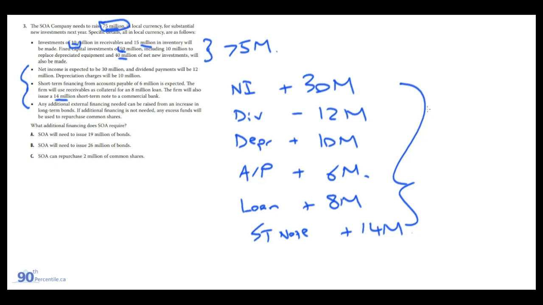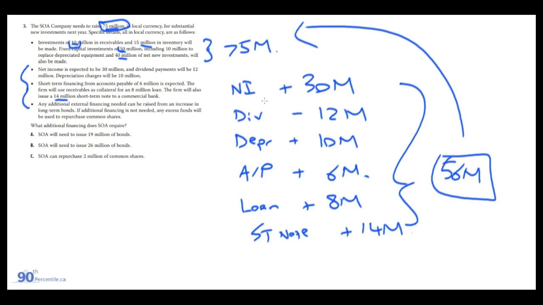So we got 30 minus 12 plus 10 plus 6 plus 8 plus 14 is 56. So we're generating 56 mil in cash from ops, but we need 75 mil for the investments. And this isn't even assuming a working capital buffer, which a lot of companies will have, outside the scope of the question.